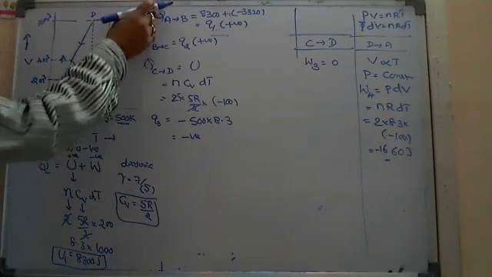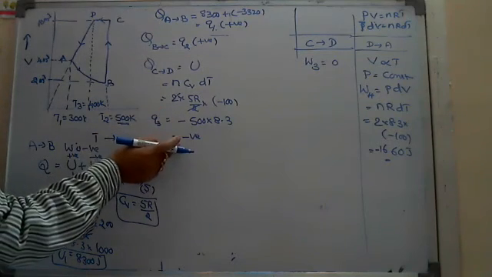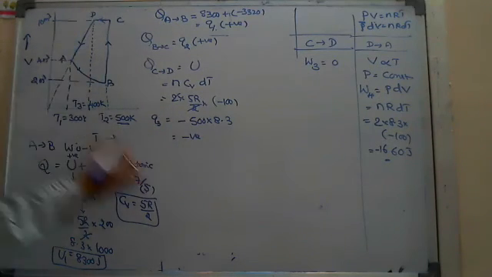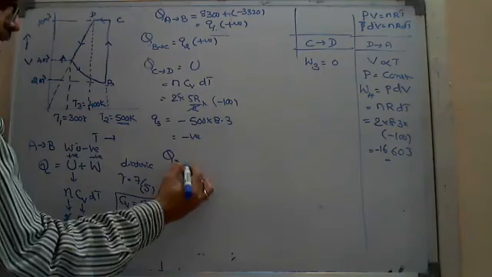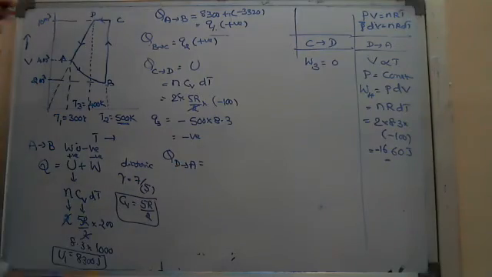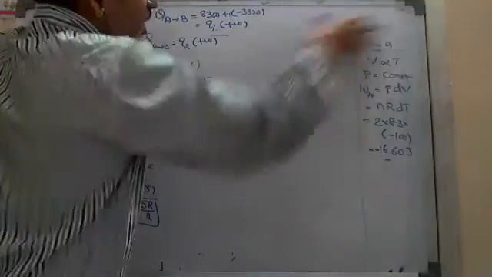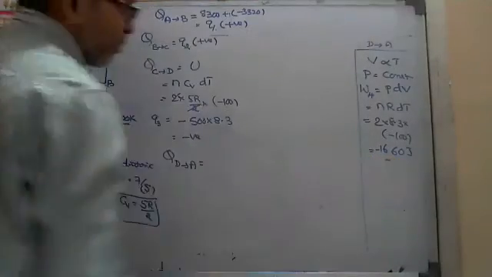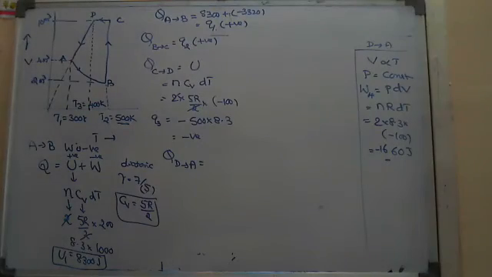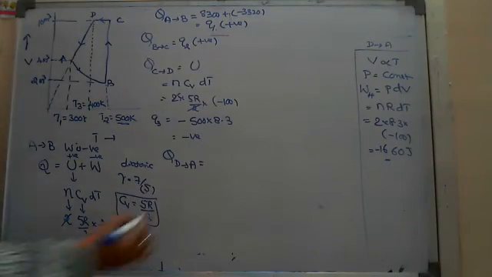So look here, first two are positive, third one I got negative. Last I am coming from D to A. D to A, I got the work done as negative now, minus 1660. So internal energy I have to write.